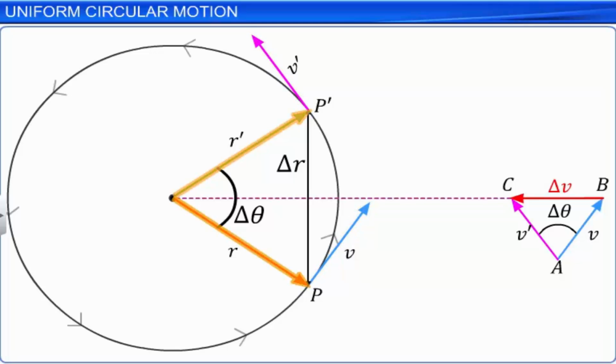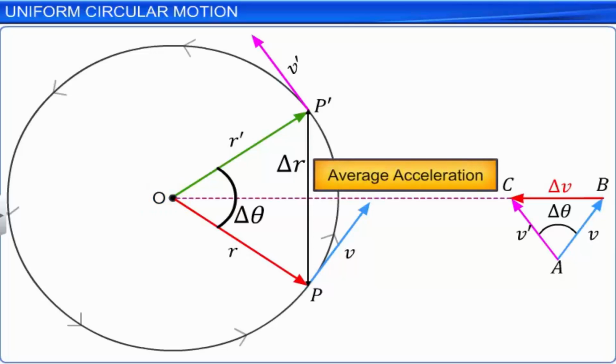Therefore, delta V is perpendicular to delta R. If we place delta V along the line which bisects the angle between R and R', the arrow of delta V points towards the center of the circle O. The average acceleration acts along delta V. Therefore, average acceleration a bar is directed towards the center of the circle.